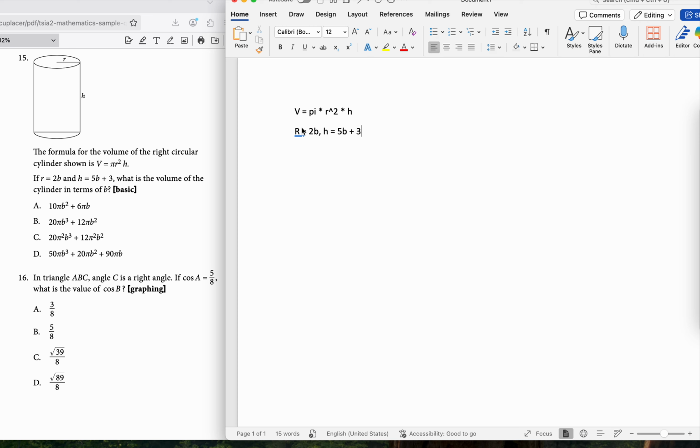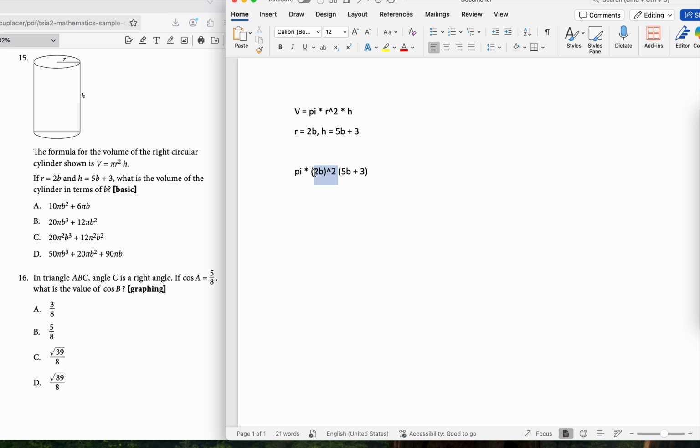We want r to go in here, and we want h to go in here. And so that's a lowercase r. So we have pi times r squared. Well, r is 2b, and all of that is squared. And then that's multiplied by h, which is 5b plus 3.